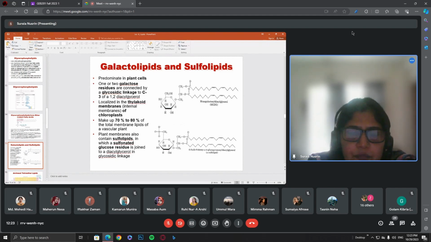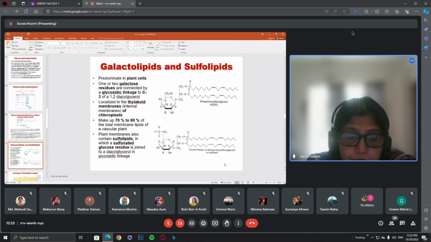These lipids are present in plant cells, particularly in the thylakoid membranes, which are the internal membranes of the chloroplast, and they make up about 70 to 80% of the membrane lipids of plant cells.